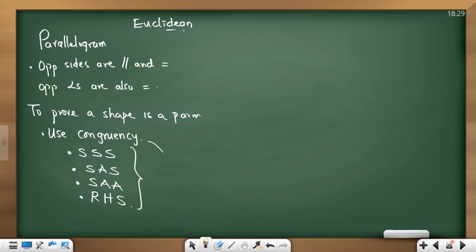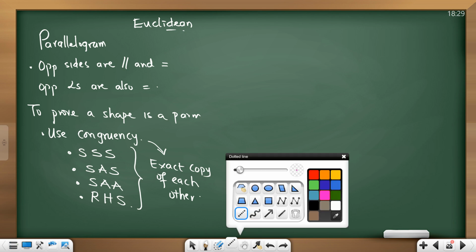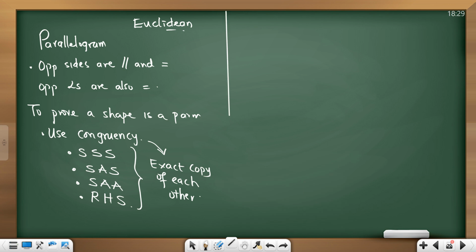Congruency tells you that 2 triangles are an exact copy of each other. Okay, exact copy of each other. And every time you write, you must also write your ratios. Your ratio.